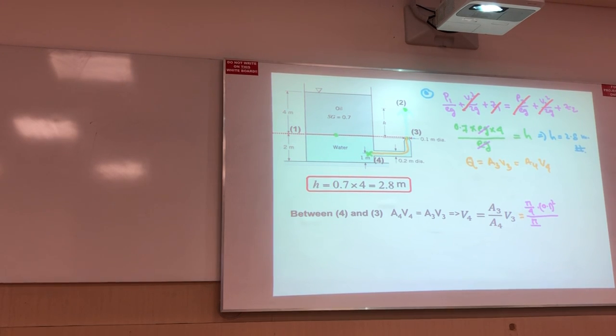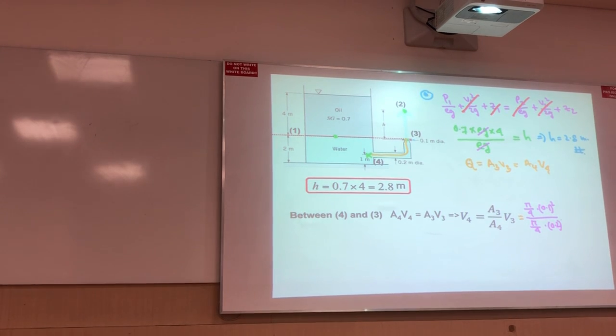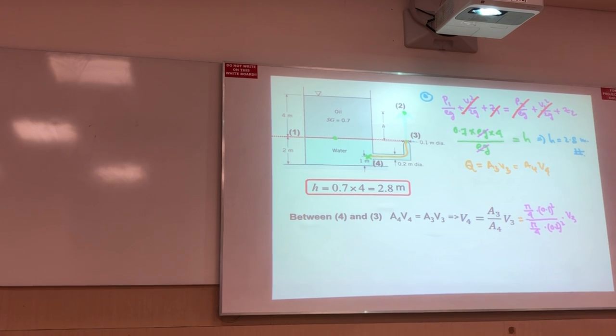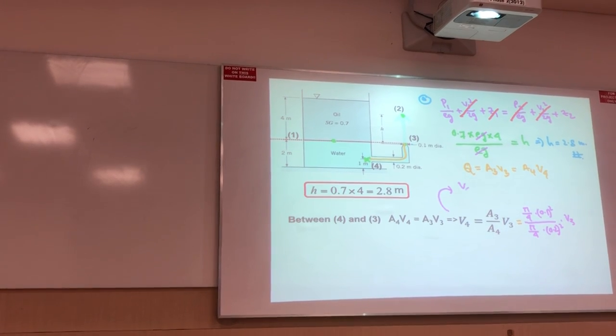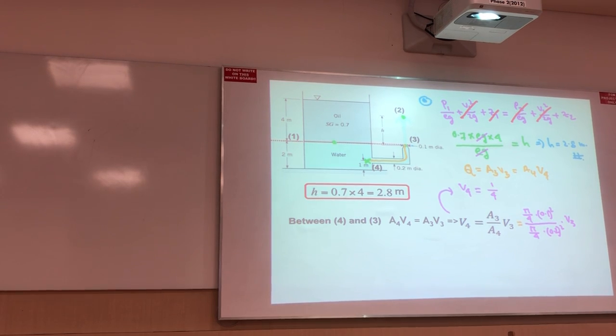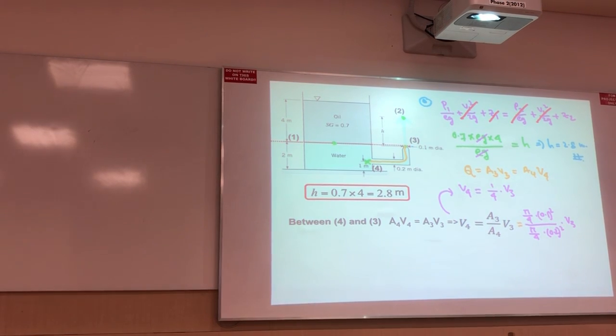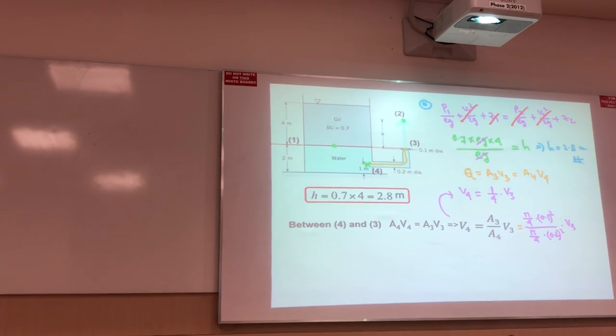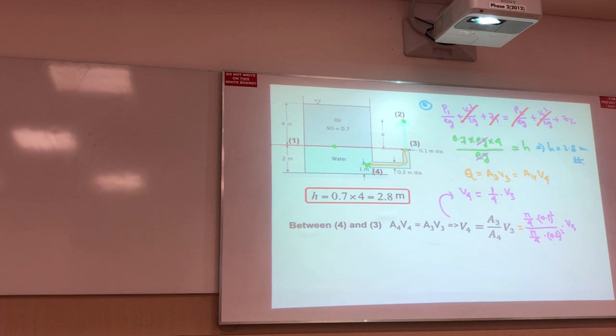Pi by 4, 0.2 square, right? This is V3, correct. Then V4 becomes 1 over 4 times V3. Correct, right? V3 by 4. Alright.